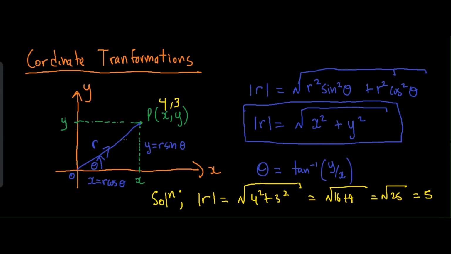So the line, or the vector, it's a vector, the line, for simplicity's sake, has a length of 5 units, and the angle is the tan inverse of y on x, which is 0.64 radians.